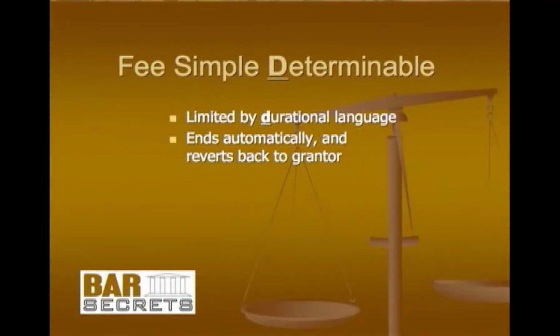In other words, let's say John leaves Mary. The second John leaves Mary, at that very second, that's the event, it's triggered, and the estate reverts back to the grantor's estate.